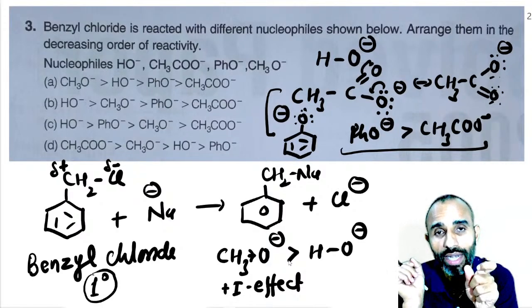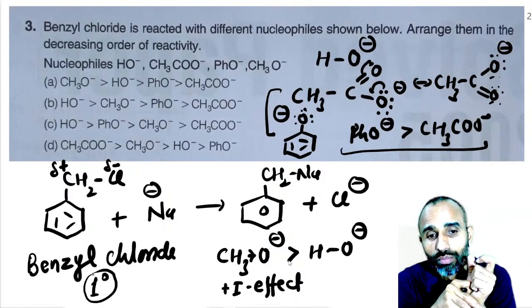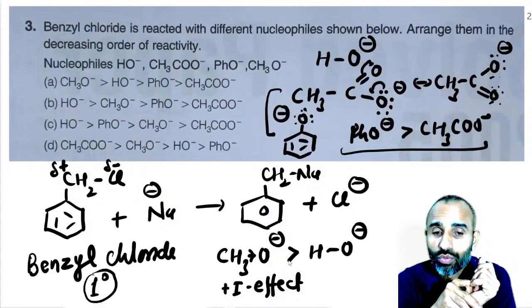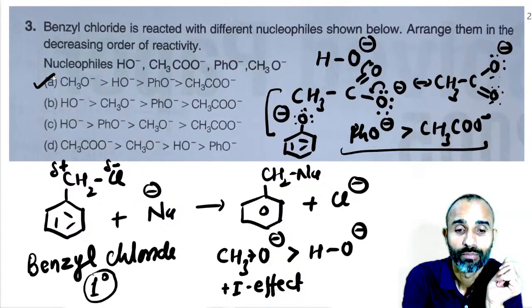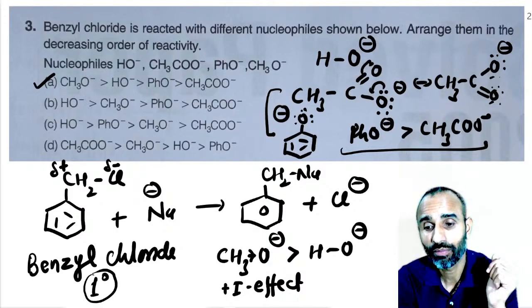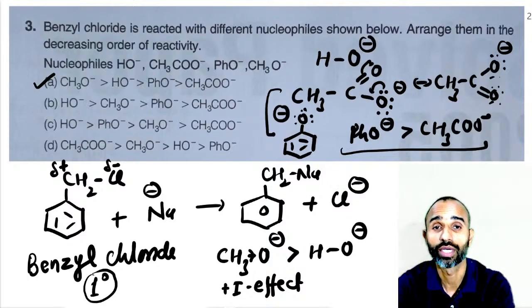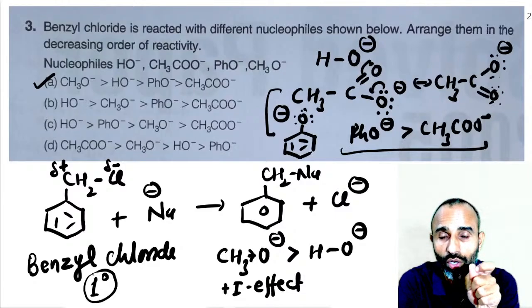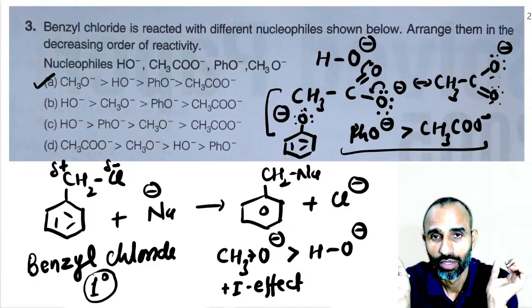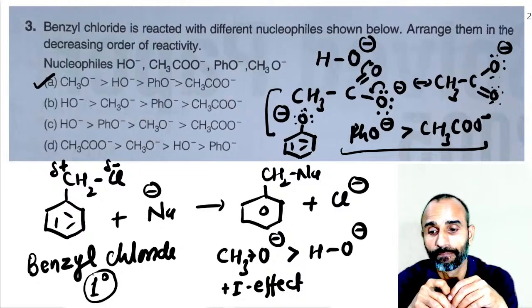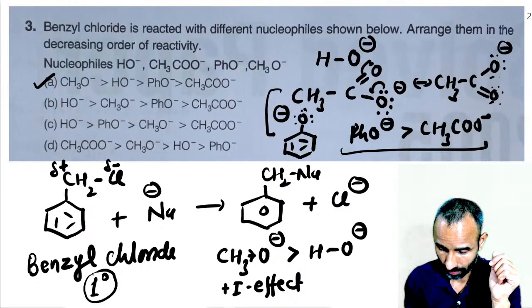CH3O negative is methoxide, so the methoxide ion is more nucleophilic than OH negative, and that's why option A is right. We considered B because sometimes we think there is hindrance, but methyl is not very large, so it will not cause more hindrance. Understood, sir. If this was a larger alkyl group, then we would take OH.